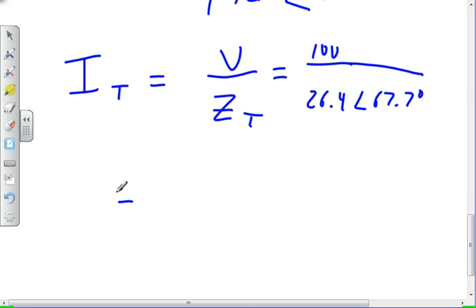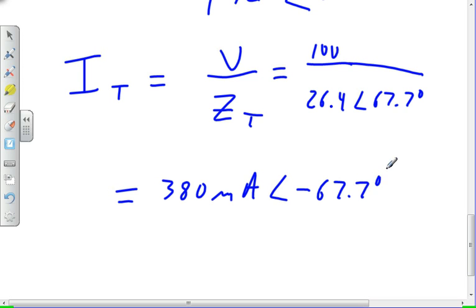So my current's going to be 10 divided by 26.4, which is, we'll call it, 380 milliamps at an angle of minus 67.7 degrees. When I'm dividing by some angle, that angle becomes negative when I put it up on top.